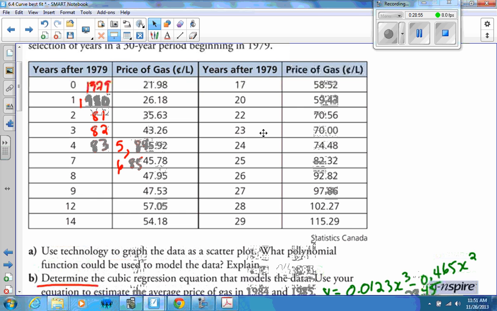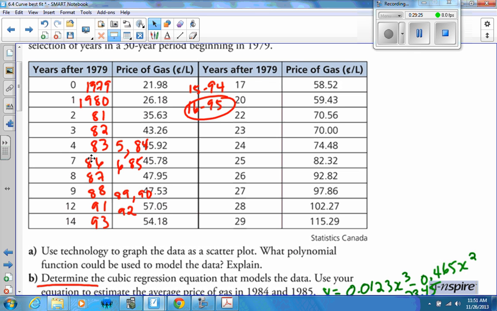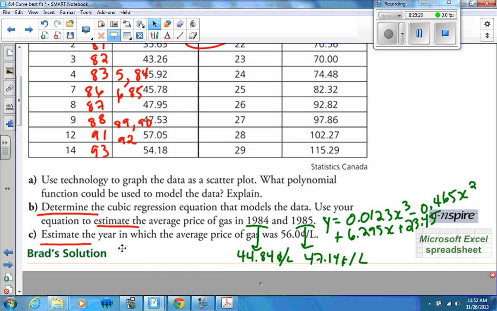If I go 1985, then I go back to 1986, 87, 88, 10 would be 89, 11 would be 90, 12 would be 91, 13 would be 92, 14 would be 93, 15 would be 94, and 16 would be about 95. So around the year 1995 is when the gas price went to about 56 cents per liter. That's just an estimate, right? So 1995 is what we're estimating.